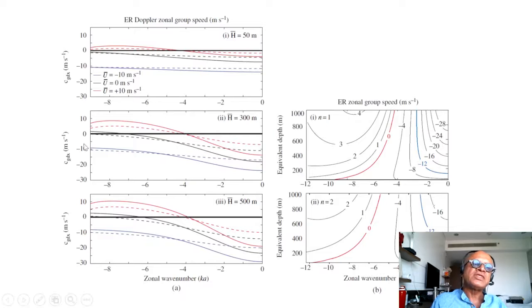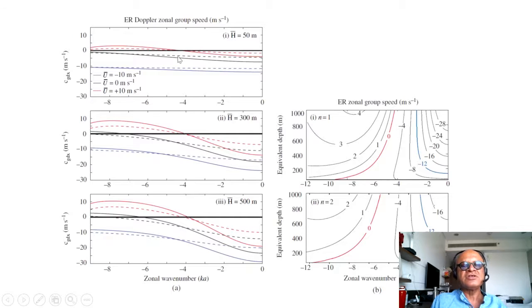You can also look at the group velocities for different modes and different equivalent depths, and you can see that they are mostly negative or westward, except in some cases they turn eastward, short Rossby waves at some wave number, but that turning changes in terms of wave number as you increase the water depth.